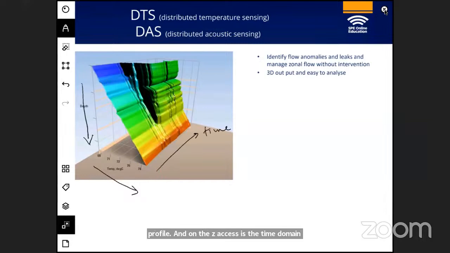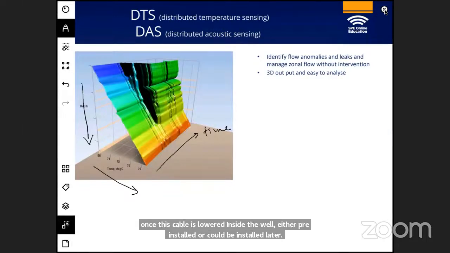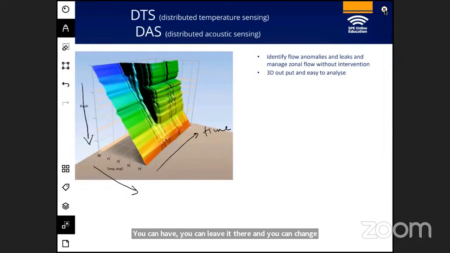So once this cable is lowered inside the well, either pre-installed or installed later, you can leave it there, and you can change the flow rates within the tubing, or within the annulus if you want to bleed, and you can map the temperature with time along the whole depth. So this is a very powerful and very attractive technology for assessing the changes in temperature and pressure along the well bore.